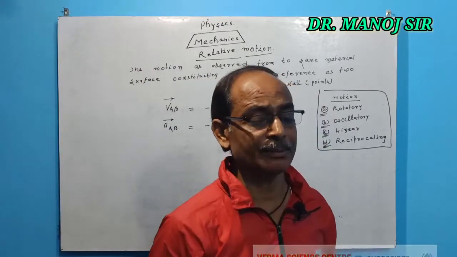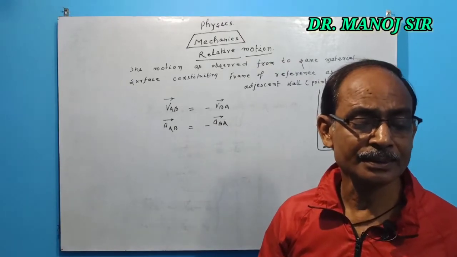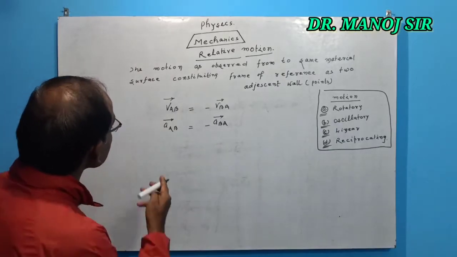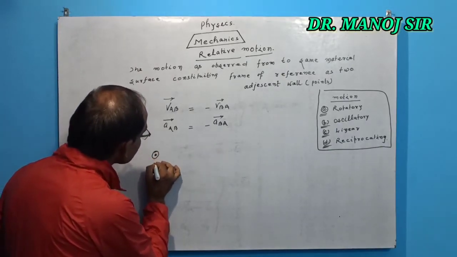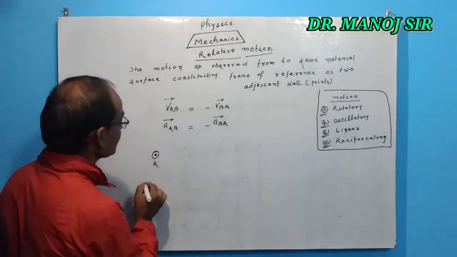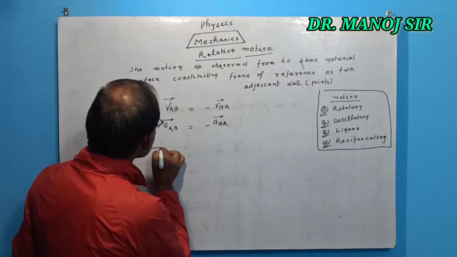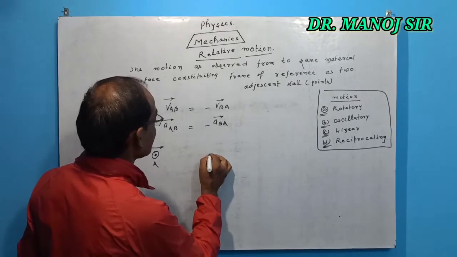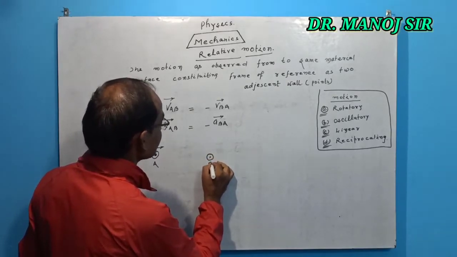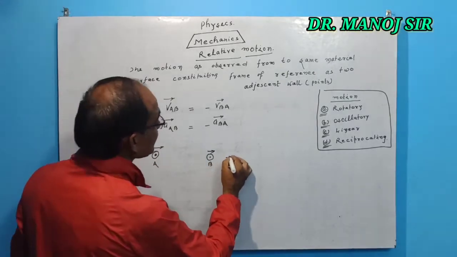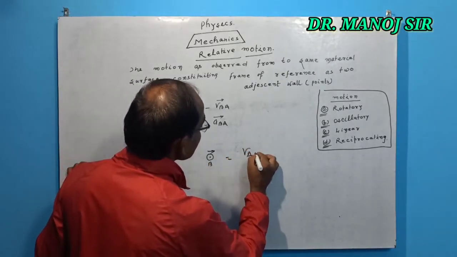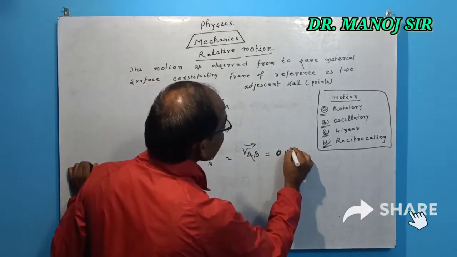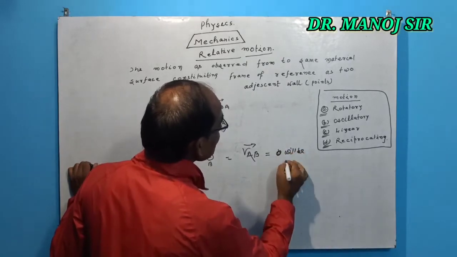This is the relative velocity, which can be defined as follows: when body A is moving in the same direction with respect to body B, then V_AB will be positive.